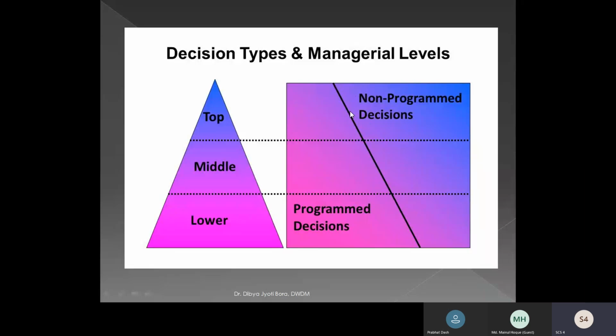This is because a non-program decision is a critical one. When you make a wrong decision, you suffer a lot, or the whole process suffers a lot. So non-program decisions need much more complex analysis than program decisions.